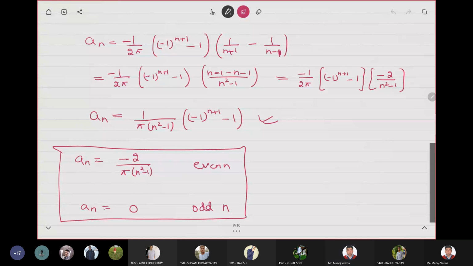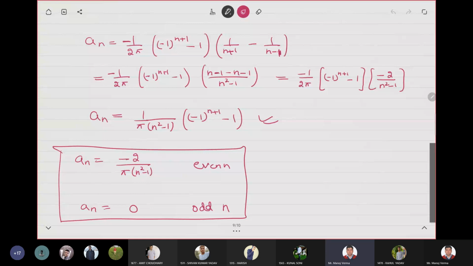So for n is even, it should be -2. तो था पहले भी ठीक था, अभी भी ठीक है.